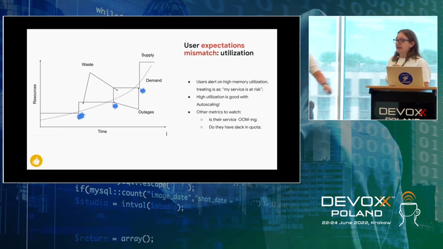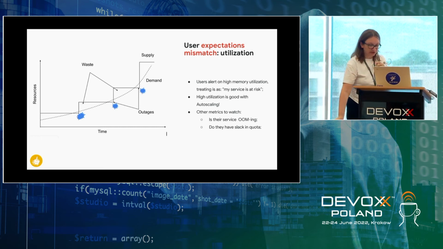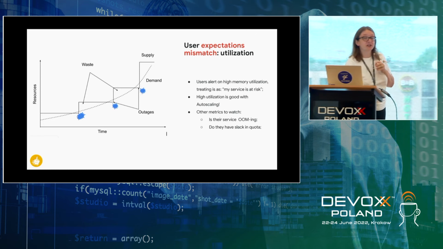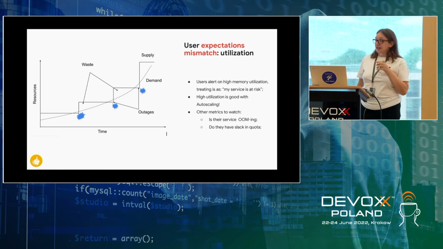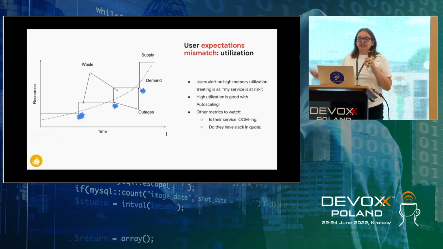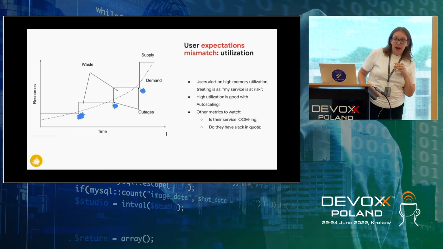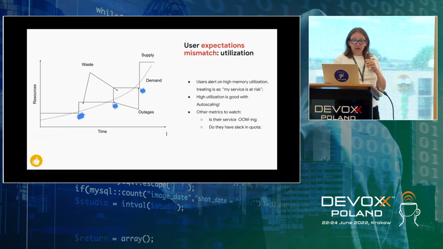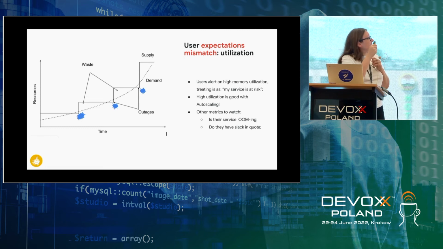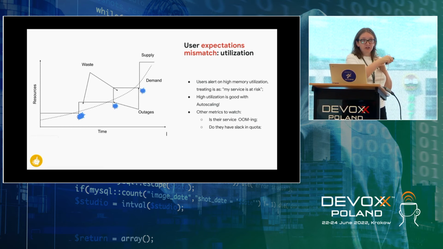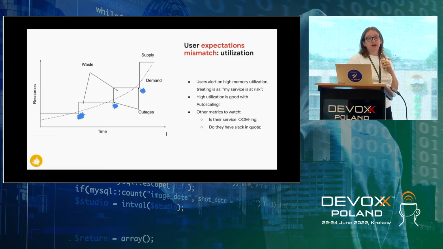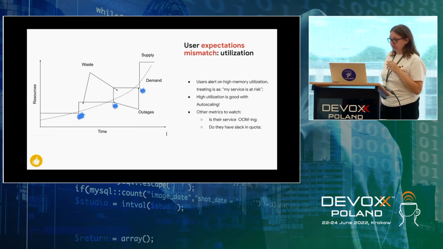So first of all, typically a service owner will treat high utilization as a "my service is at risk" signal, right? To actually catch those times when outages happen and scale up faster.